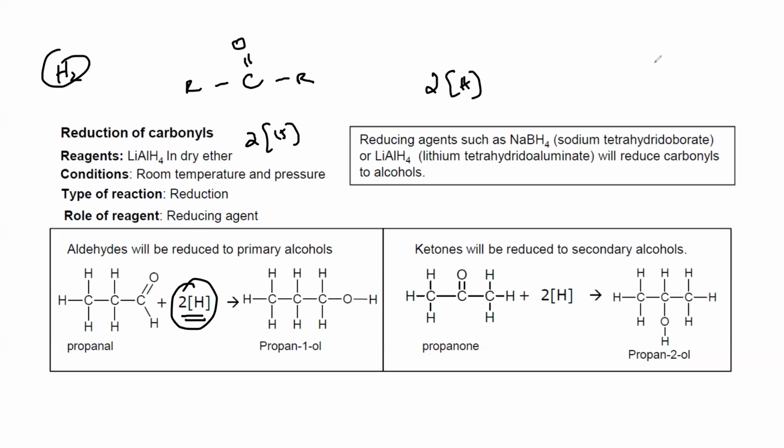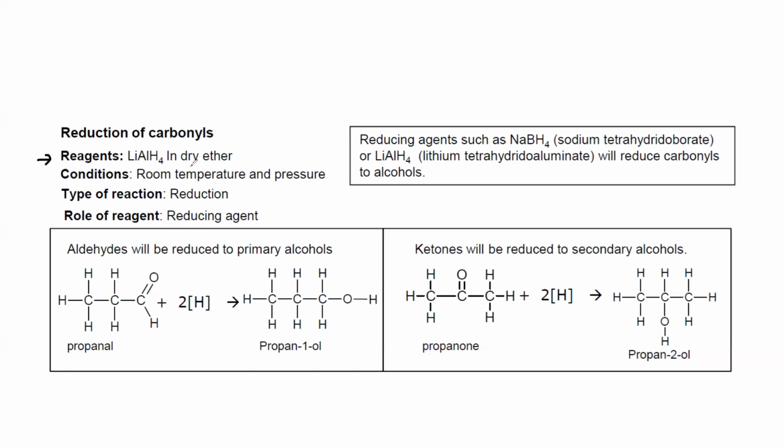If we were using hydrogen as a reactant, then we would write H2. As you can see from the reagents, there is no hydrogen used here, but still hydrogen is produced. When hydrogen is produced during a reaction, we represent it by this symbol. It was not used as an original reactant. It is just produced during the reaction by the reducing agent. That's why it is written in this manner.